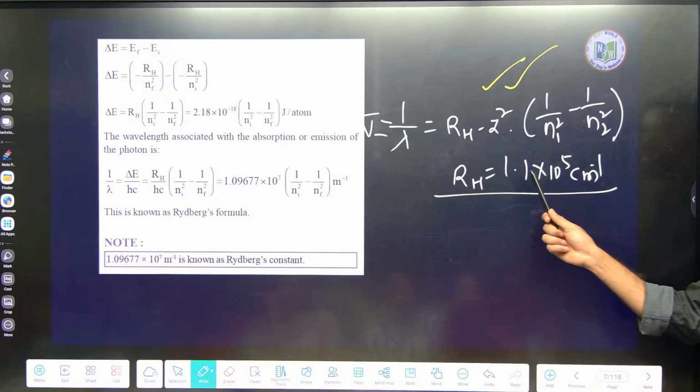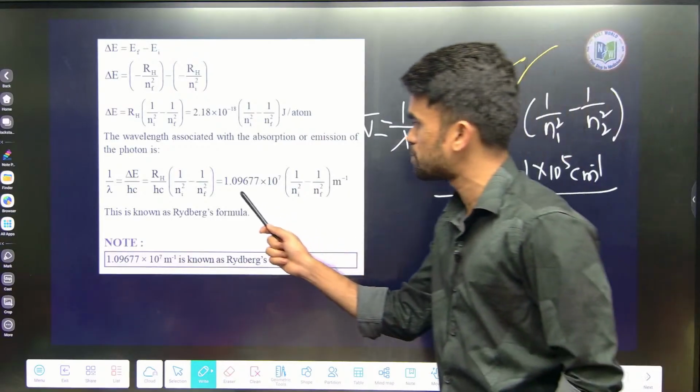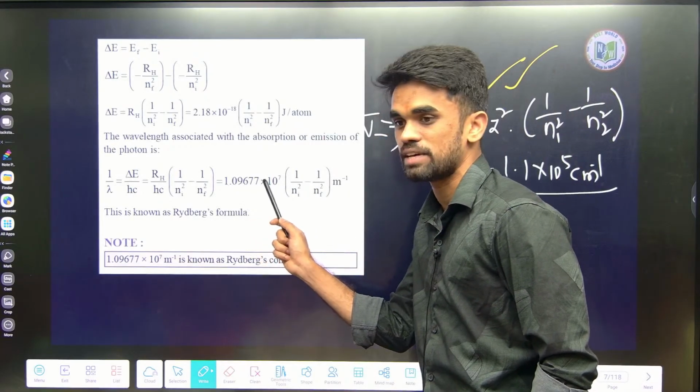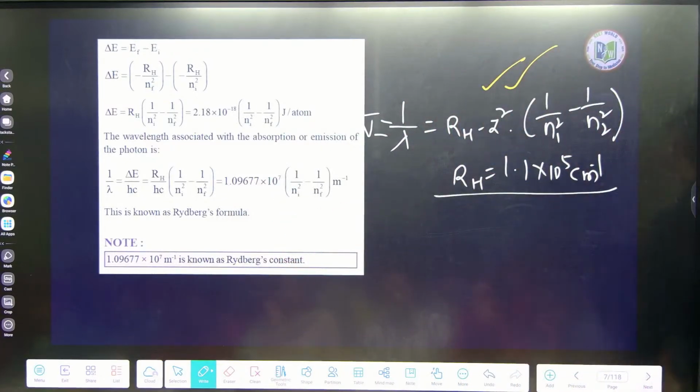I have mentioned it as 1.1 just for remembrance. The exact value, if you want, is 1.0967. It's better to remember it like this.